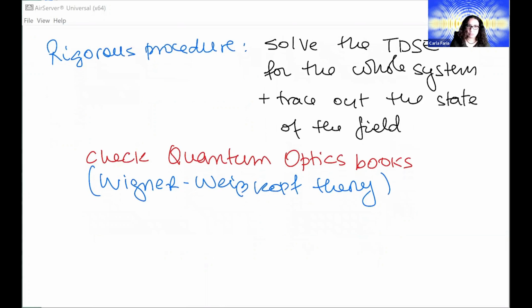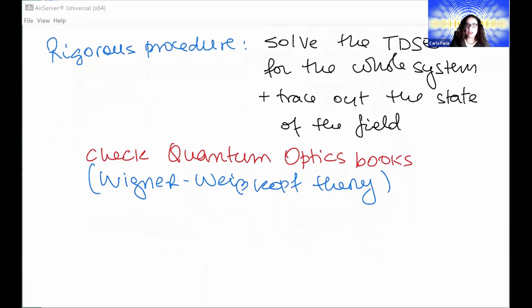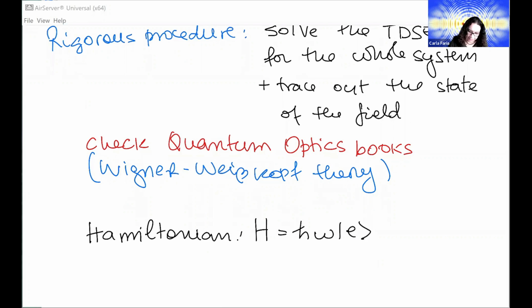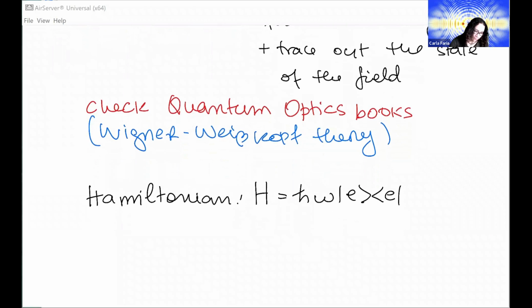So we would like to write this effective Hamiltonian. So let's consider our situation. Our Hamiltonian is given by h bar omega, then this projection to the excited state. We have conveniently chosen the ground state energy to be 0. And we're going to define a jump operator.